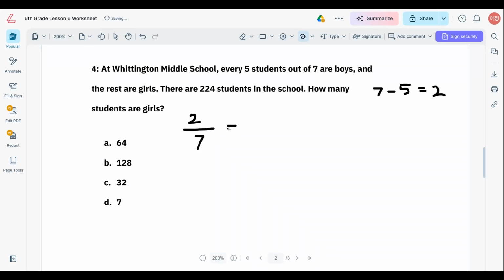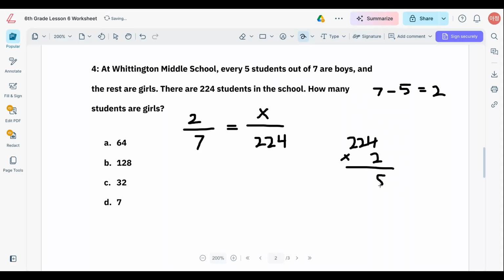And there are 224 students in total. And so we can cross multiply to find the number of girls. Let's just say that the number of girls is X. So we'll do 224 times 2.